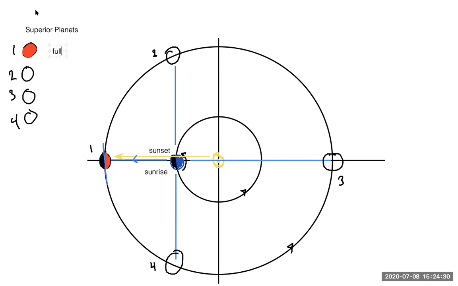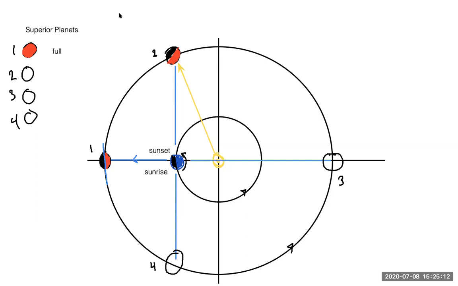All right, so next we can talk a little bit about 2. So 2 is a little bit tricky, but here's how it works. So we have a ray coming from the sun toward 2. The part of 2 that is being illuminated is the part that's directly in sunlight. So it's this half. And that means that the other half is directly facing away from sunlight and is in shadow. What does this look like from Earth, you might ask?